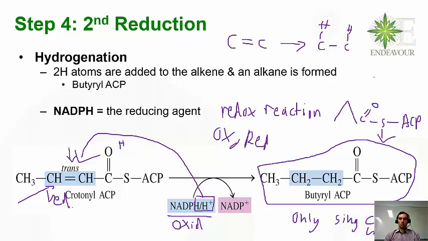Where we have these lines here, this is what we have generated in the lipogenesis reaction. So essentially we've generated carbons and hydrogens linked by single bonds. And that's what we need to form our fatty acids.